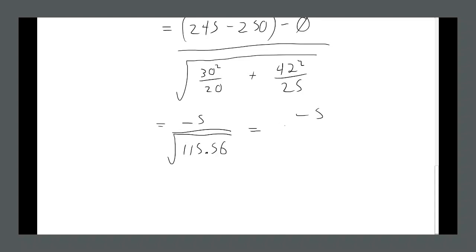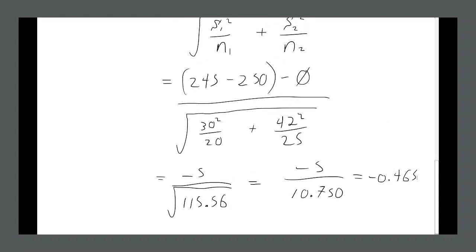And the square root of that is approximately 10.750. So, negative 5 divided by that gives us negative 0.465.